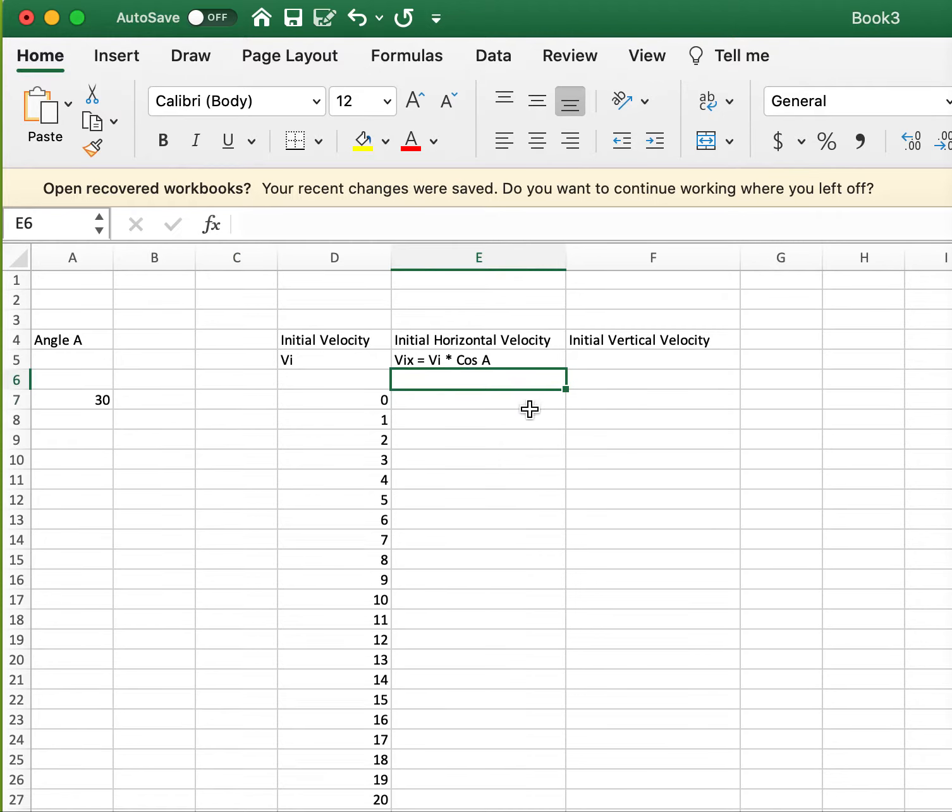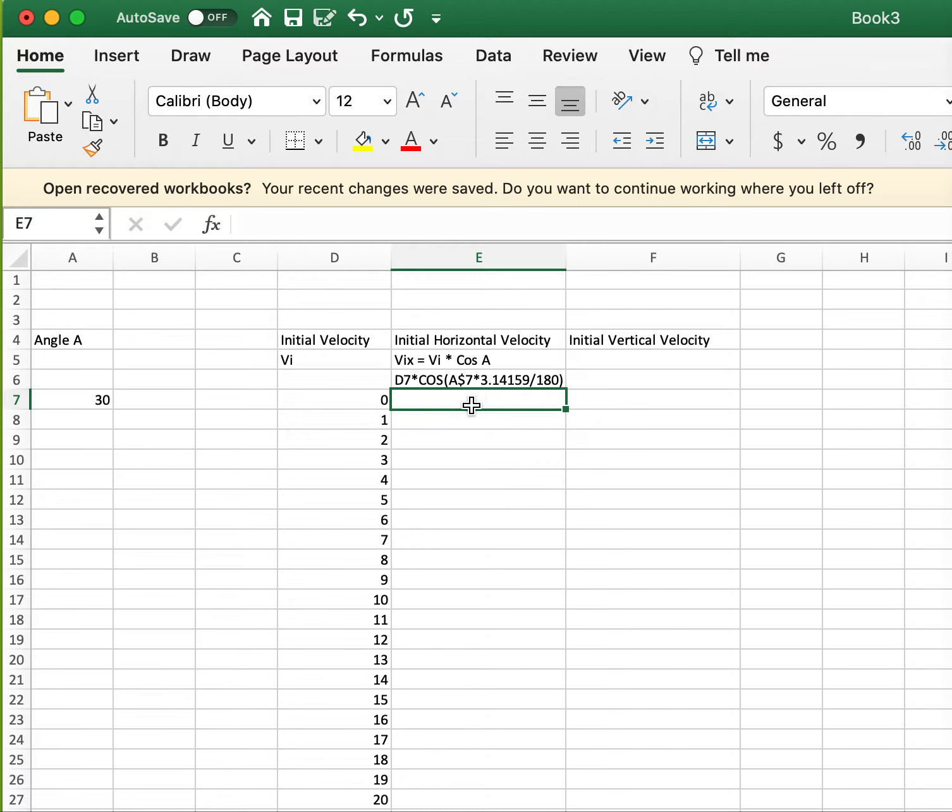Alright, so when you type it in, you want to type in equals D7 times cosine of $8.7, and then do times 3.14159 over 180. That converts the angle from degrees to radians.